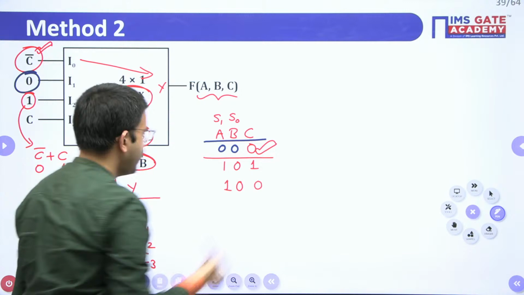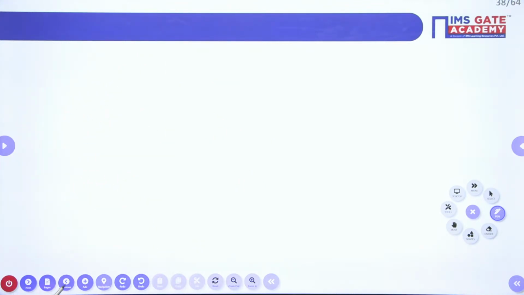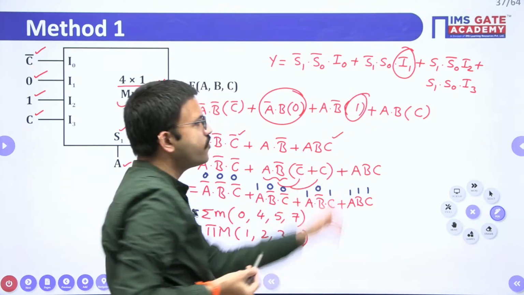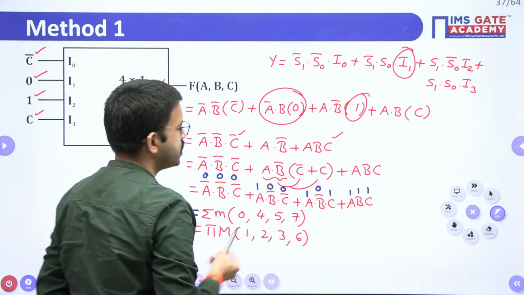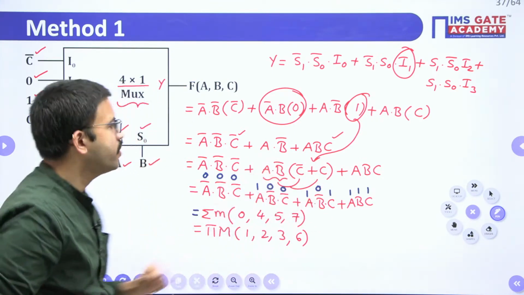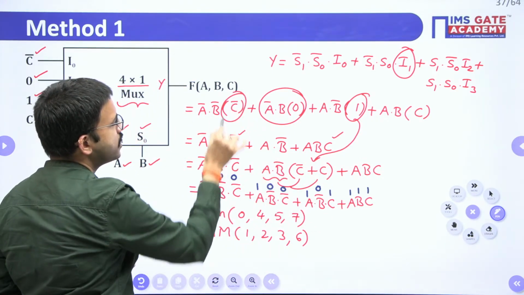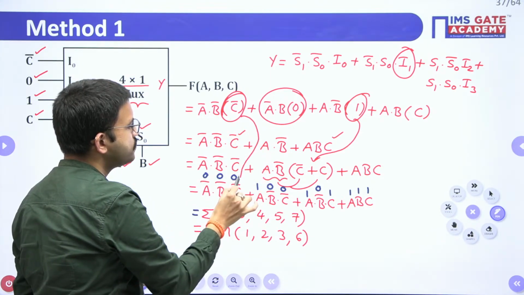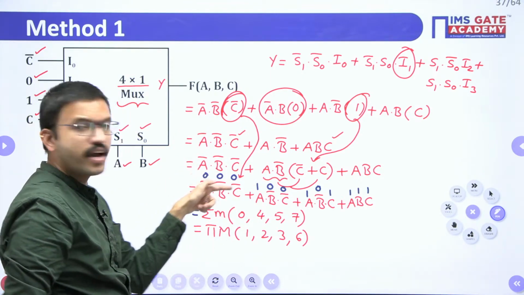See, if you are having any doubt, just observe the previous slide. Here you are having 1, that is the constant, constant 1. That constant 1 I have written as C bar plus C. Here you are having C bar, and C bar means the C value is 0.